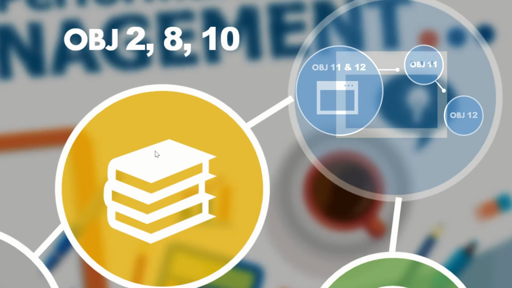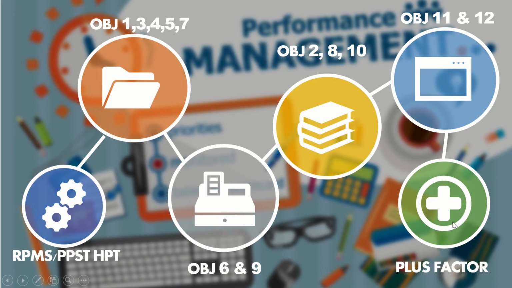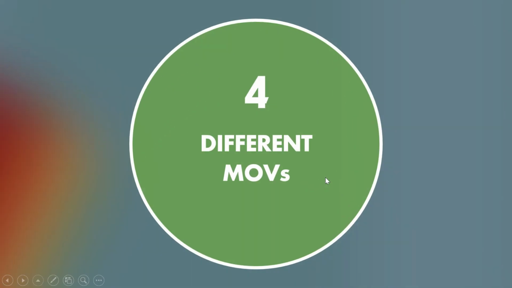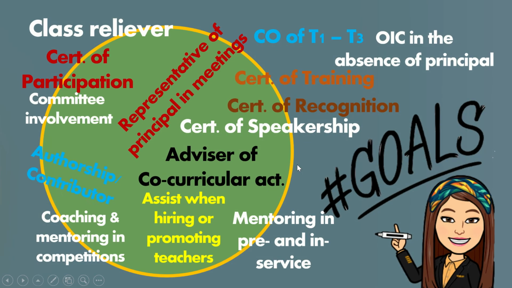And then, the last but not the least, finally, we're on the plus factor, and we are asked to provide 4 different MOVs. 4 lang po na magkakaiba na MOVs, and napakarami po naman ng pagpipilian. So, very impossible na hindi po tayo maka-4, di ba? Class reliever po, in case na absent yung isang teacher, tayo po ang nag-took over ng class.